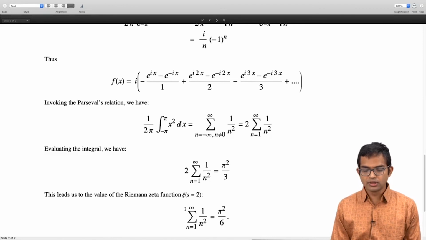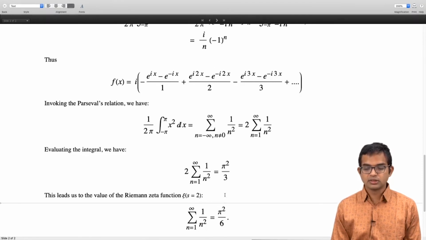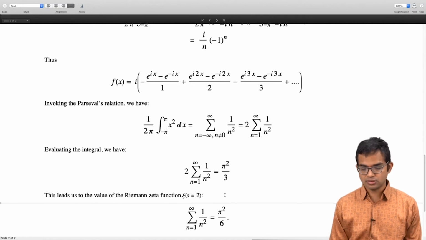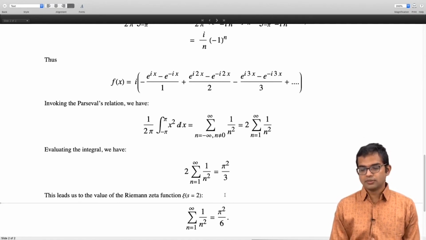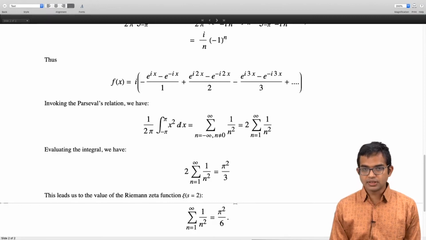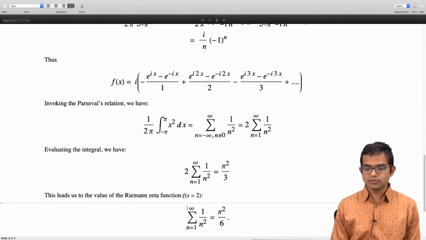So this is a very beautiful result. In the 21st century, it's certainly not unknown or unfamiliar. A lot of people are aware of this result, but it carries a certain magic value, even by 21st century standards.